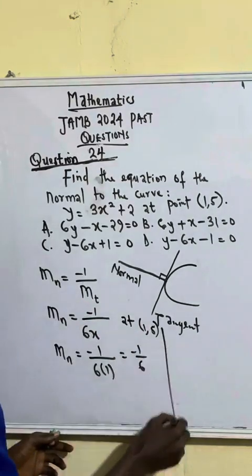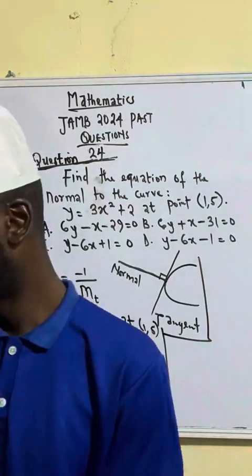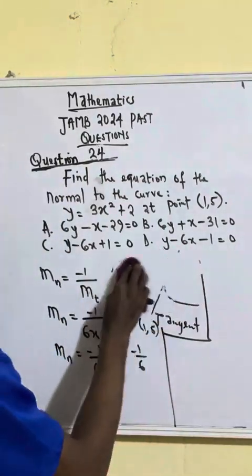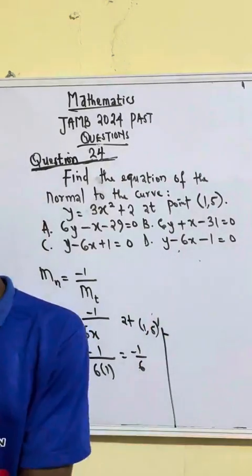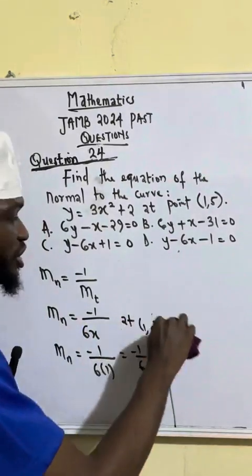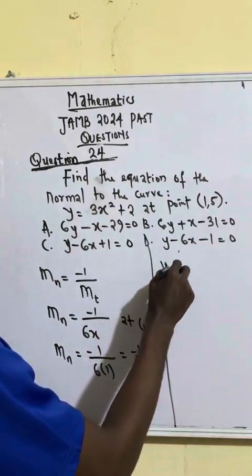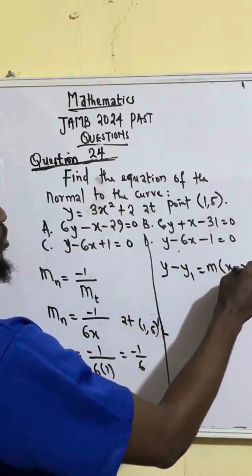We are not done yet. I will now go back to coordinate geometry. I will use the equation of a straight line given gradient and one point form. That is y minus y1 equals m times (x minus x1).